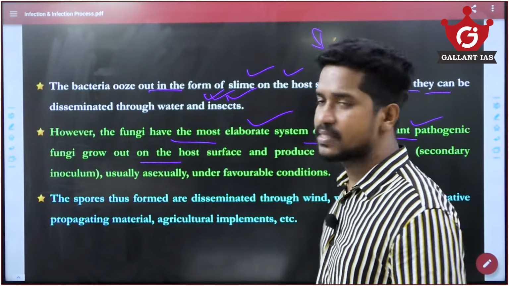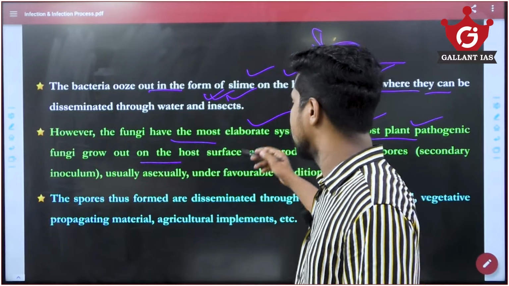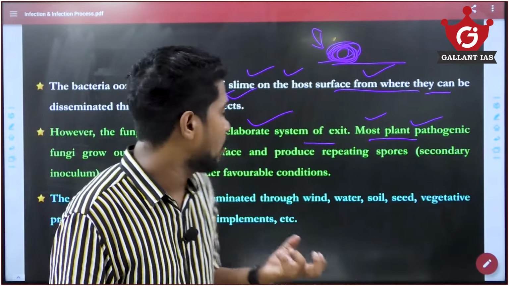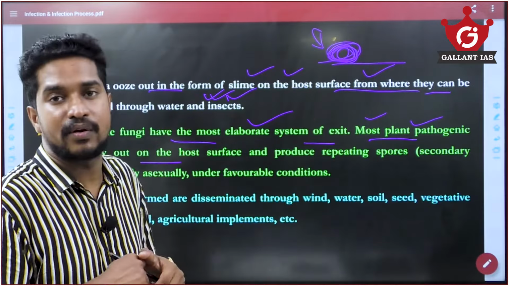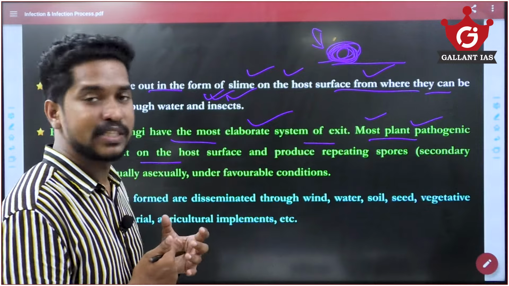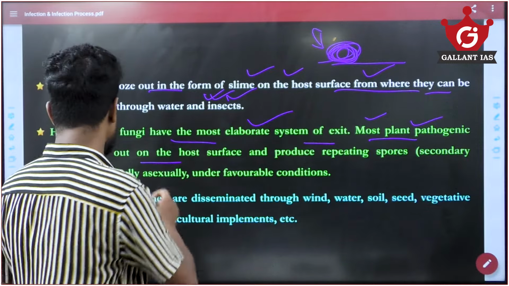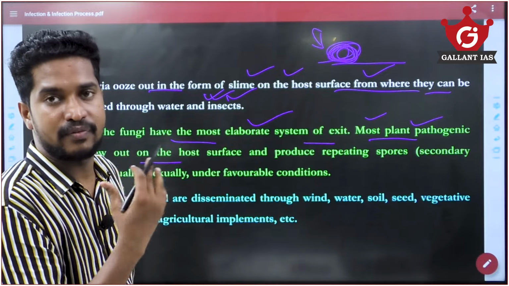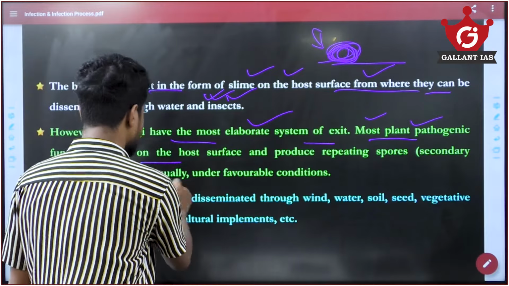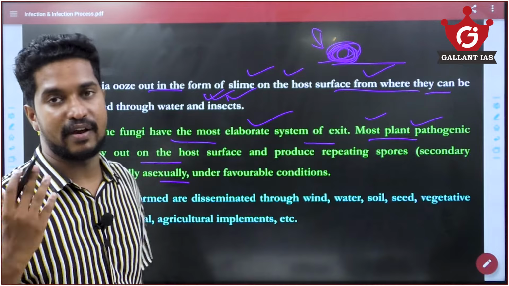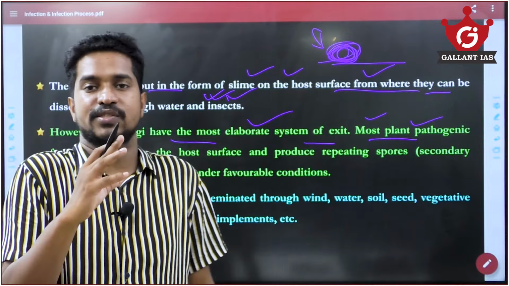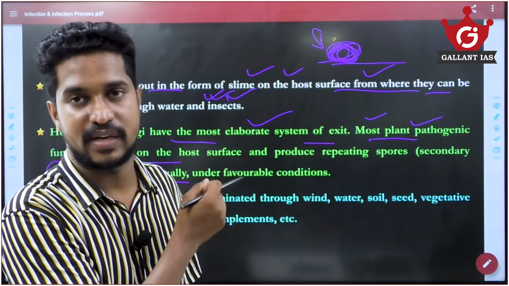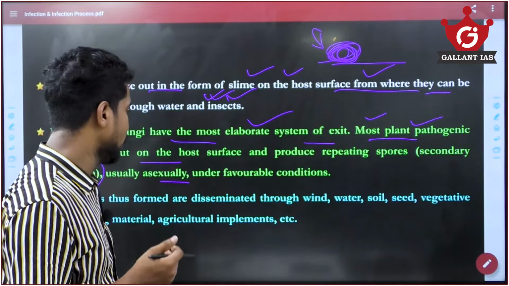Most plant pathogenic fungi grow out of the host surface and produce repeating spores, the secondary inoculum, which are capable of causing infection, usually asexually under favorable conditions.